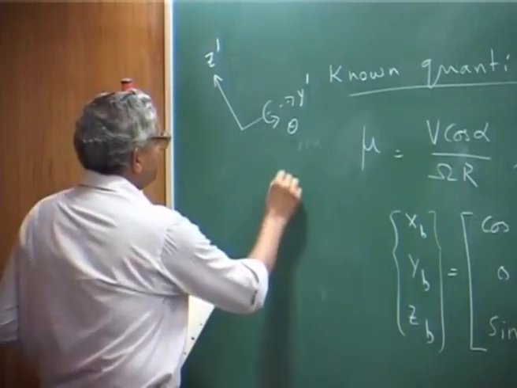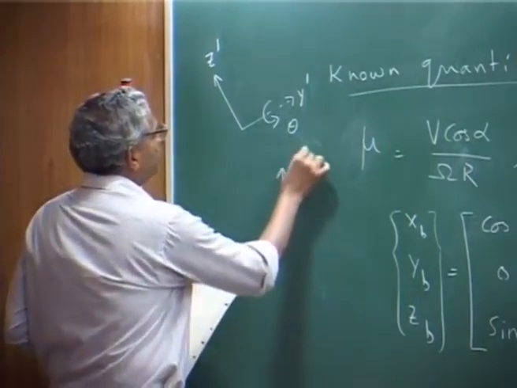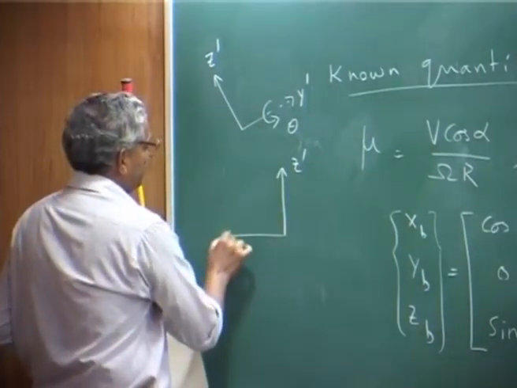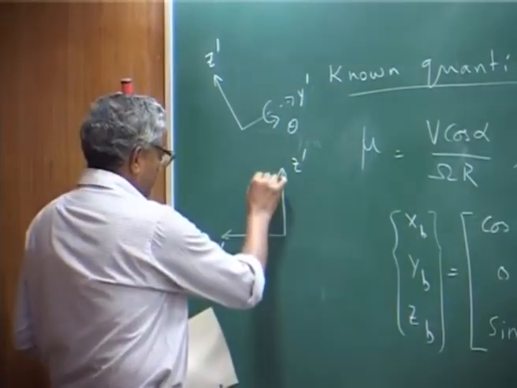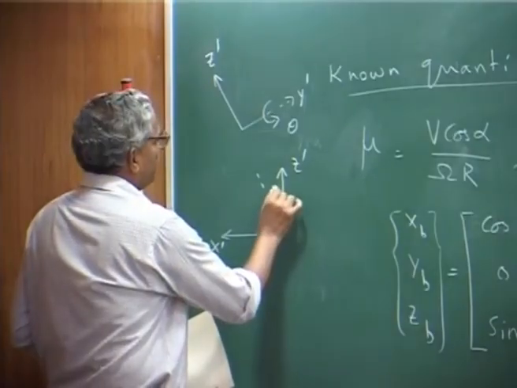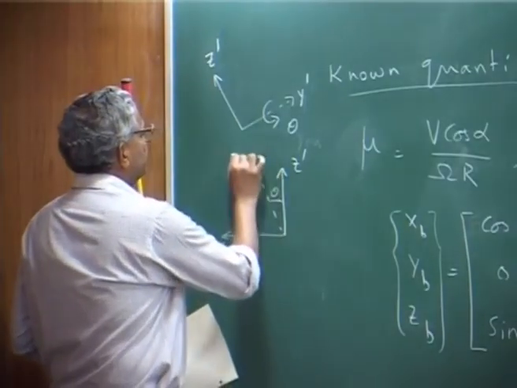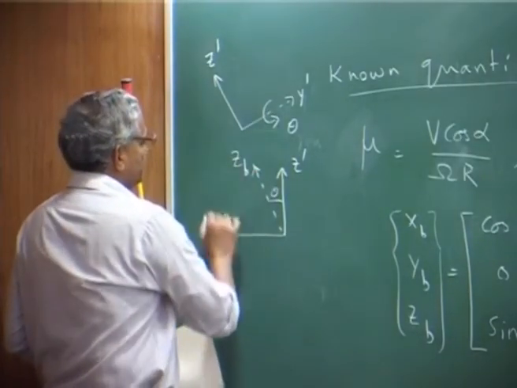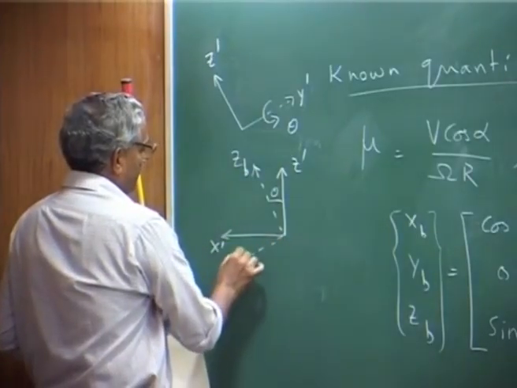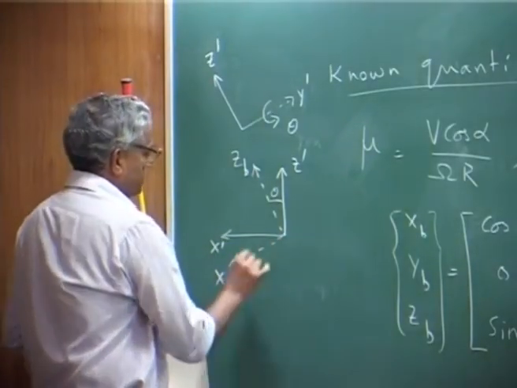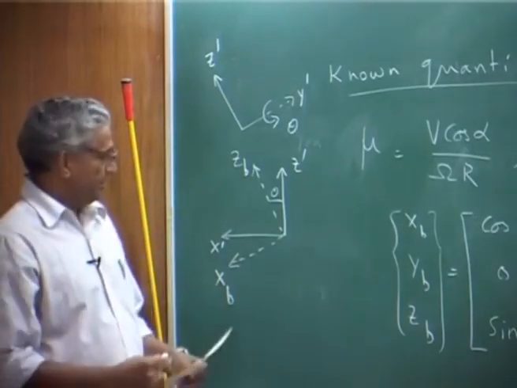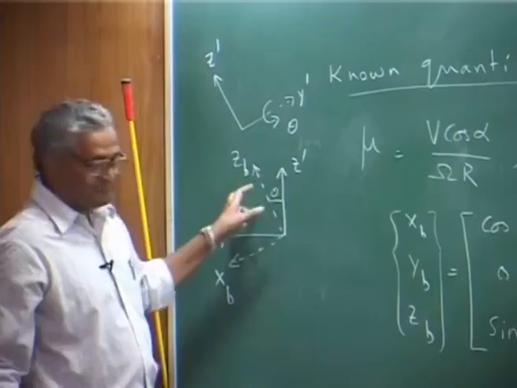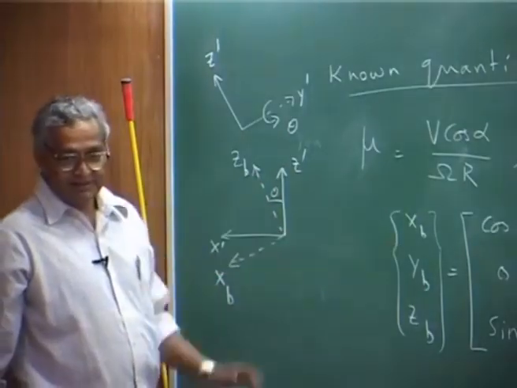Now what it will be? This is z prime, this is x prime. This is the z body, x body. Okay. Now you will see that it will get that.